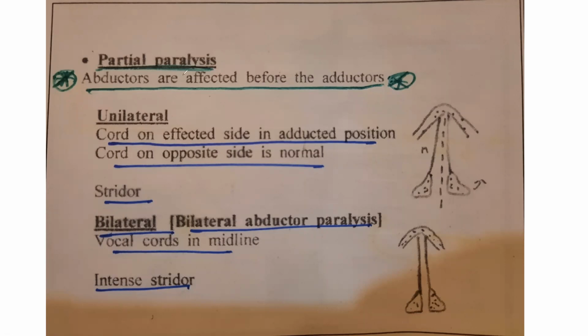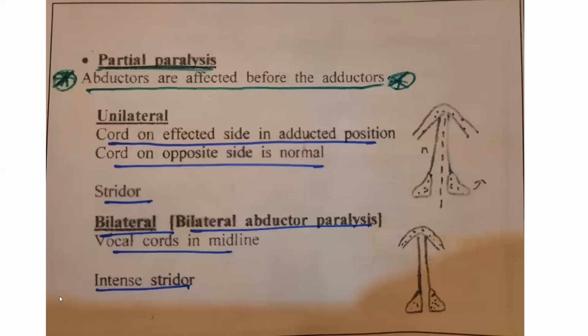Say this is the normal position of the vocal cords. In partial paralysis, the abductors are affected more, and the adductors take over, so the vocal cord will move towards the center. They are adducted, and since it's bilateral, it happens on both sides. The vocal cords are both closer together, so this gap is very narrow. So you get a severe stridor.